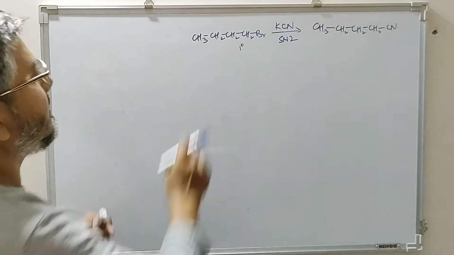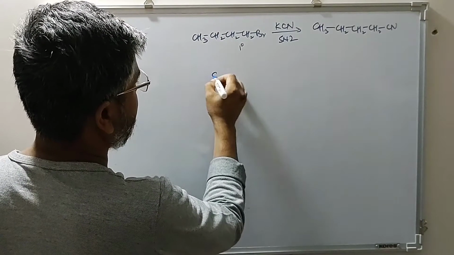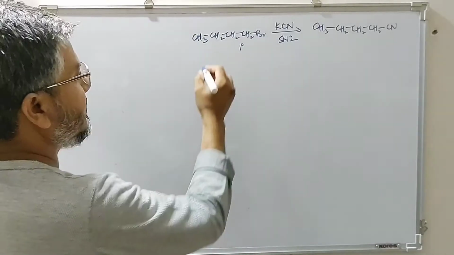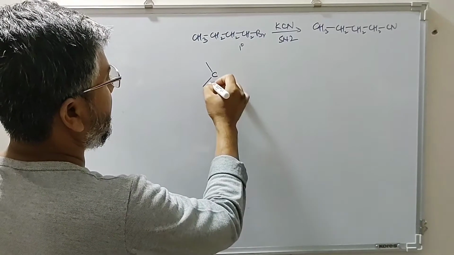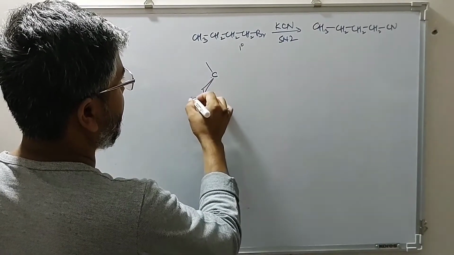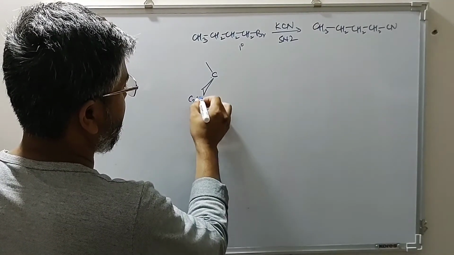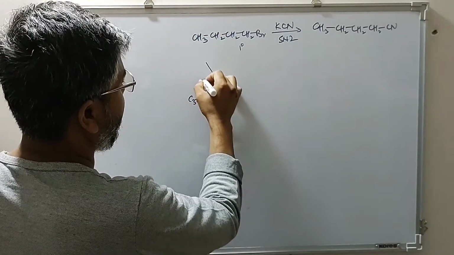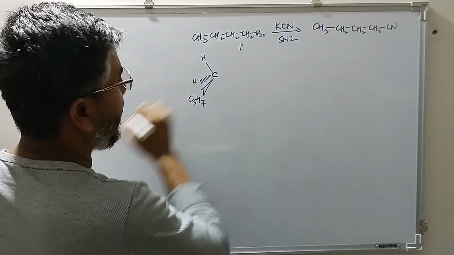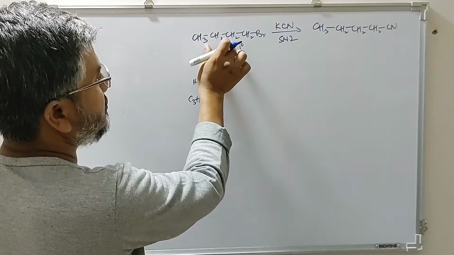Now this can be written as: we have this carbon. Look at this, it is a carbon bearing halogen. We have 2 hydrogens here, and this is C3H7.